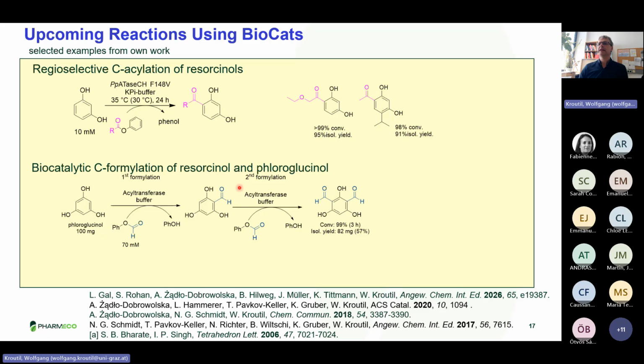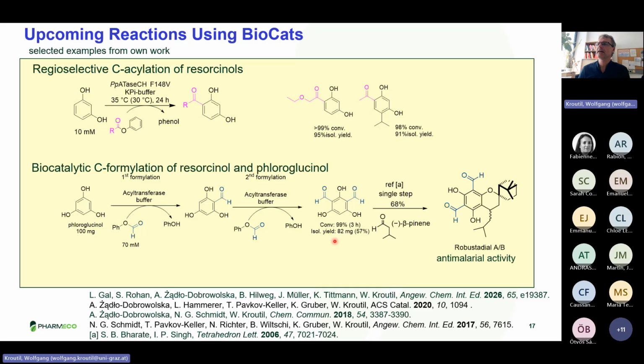And very recently, PhD student Lila Gall in my group investigated the formylation of resorcinol, and when we used phloroglucinol, we observed diformylation, which is actually special to mention, because chemically it is not easy to make the diformylations, and the conversions with chemical methods were, I admit to my surprise, lower than we achieved here with the enzymatic version.